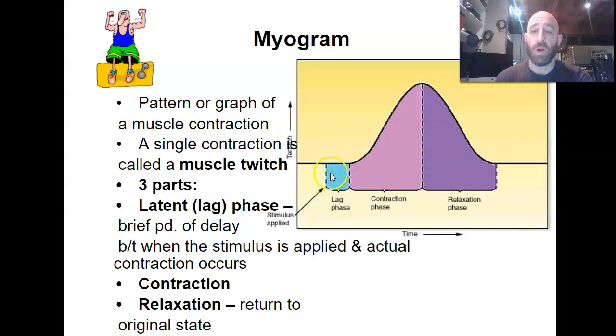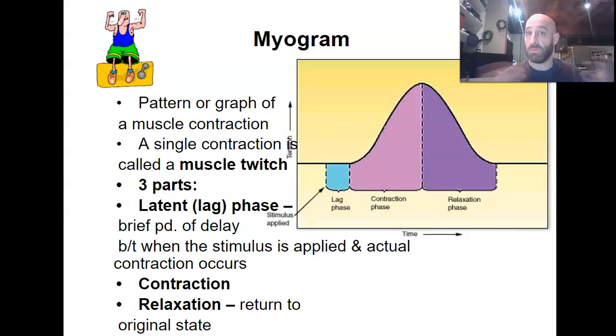The first part of a myogram is what's called the lag phase, or the latent phase. That is a little bit of a delay between when the muscle gets stimulated and when it actually contracts. And there's a reason for that. There's actually stuff going on inside the muscle, right? For example, when a muscle is stimulated by a neuron, the acetylcholine crosses the synapse.